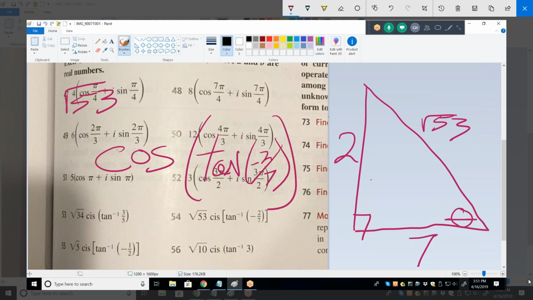When you're dealing with inverse trig functions, positive arguments go in the first quadrant, negative arguments go in the fourth quadrant. That's true for sine and tangent. Positive arguments are a first quadrant angle. Negative arguments are a fourth quadrant angle, but they're also always negative.